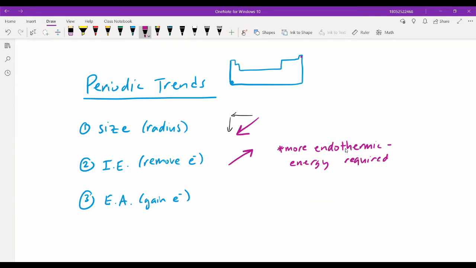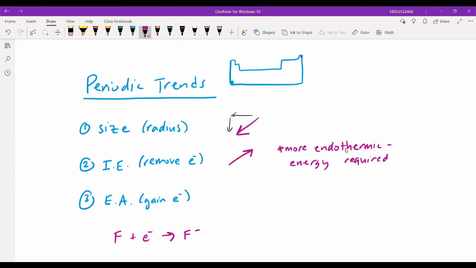EA is electron affinity, and that is the energy associated with gaining an electron, which again would be important because if something was written like this, or maybe on Alex, you have to actually write the process. It's kind of like a half reaction, like a reduction you could think about, although these are single monatomic atoms in the gas phase.